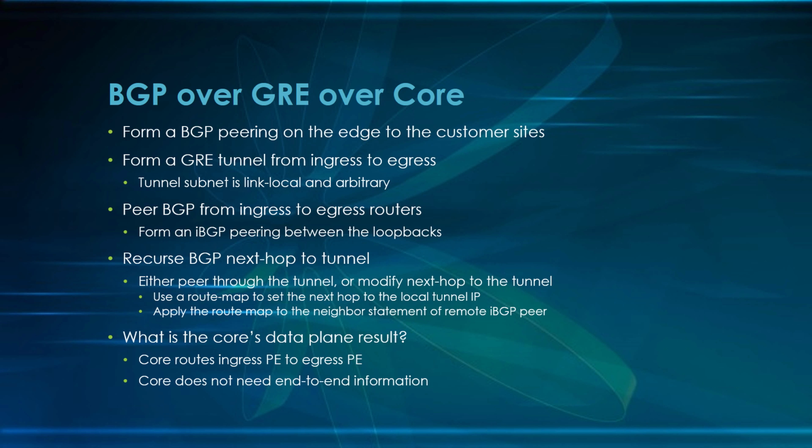You would take a route reflector or two, set up DMVPN, run iBGP with dynamic neighbors on the hubs, and then set up connectivity between all of the PE routers, the egress and ingress PE routers.